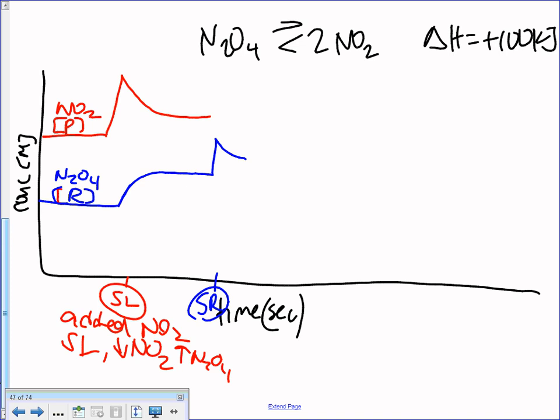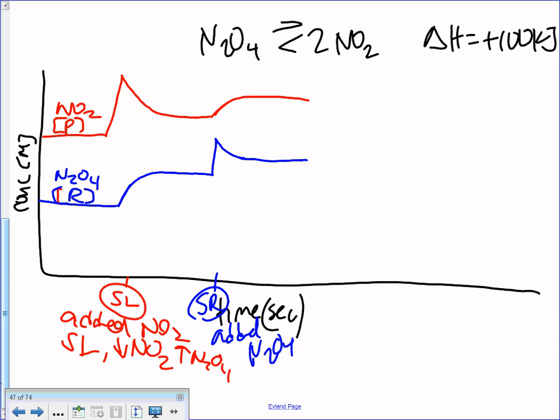It's going to have like a little hump where it increases, because as you told me, taking away dinitrogen tetroxide will increase the product here, so it's going to kind of like go like this. But as this starts to slow down, the rate of increase is going to slow down here as well. And these graphs are not to scale by any means. I'm just giving you inflection points that we need to be aware of, and why it's occurring. Okay, so this was the shift right part, where it was added dinitrogen tetroxide.